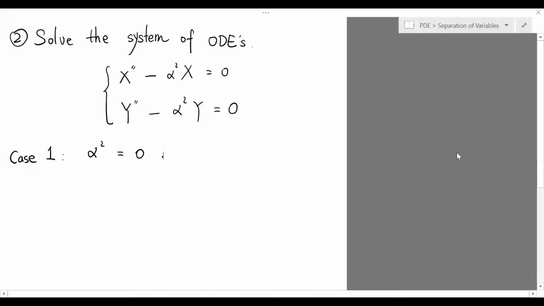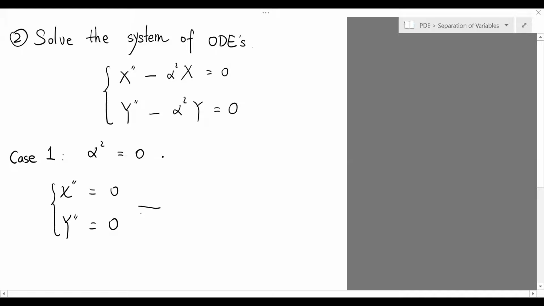The first case is alpha squared equal to 0. In this case, the system of the ordinary differential equations is simply capital X double prime equal to 0 and capital Y double prime equal to 0 as well.